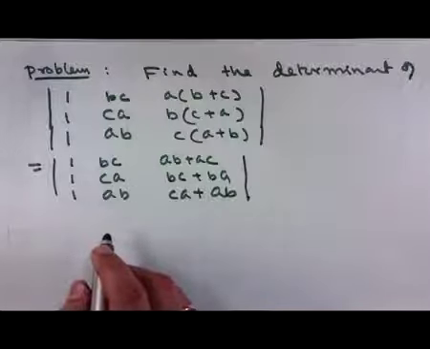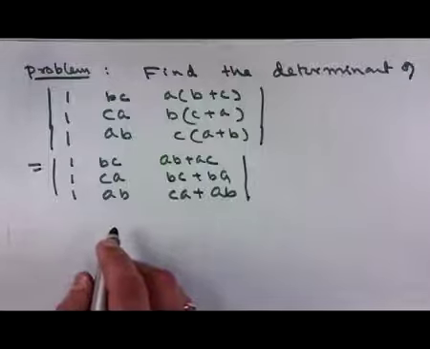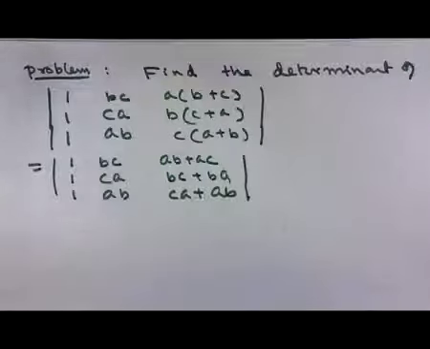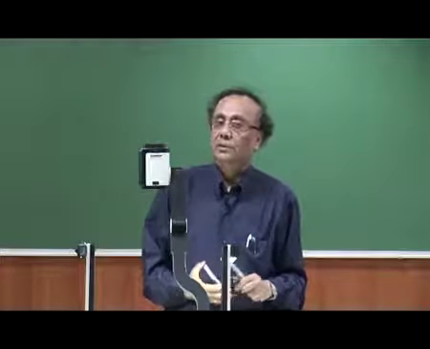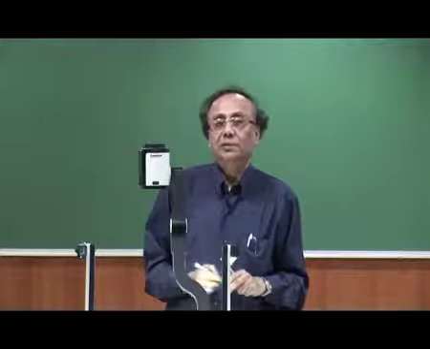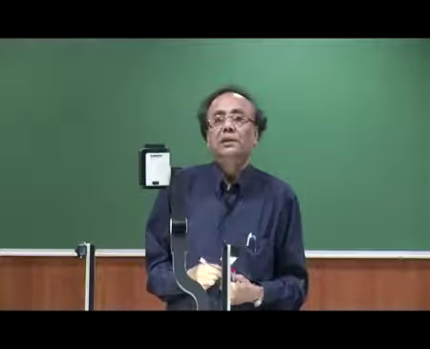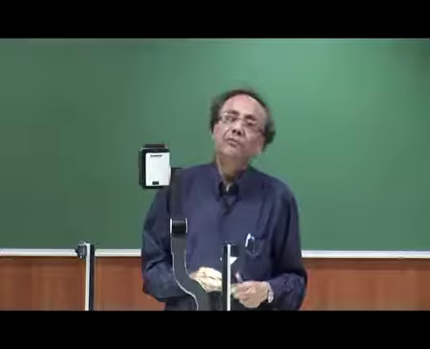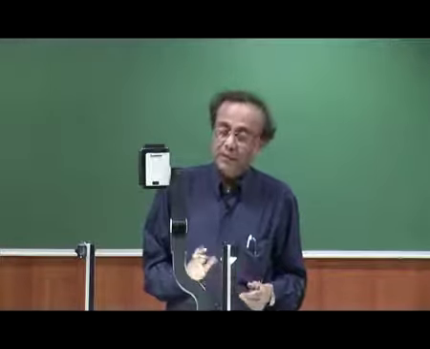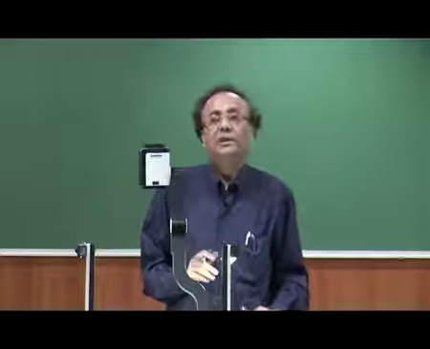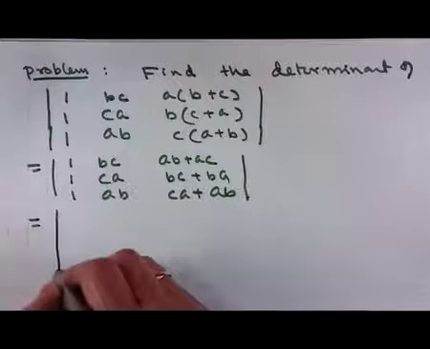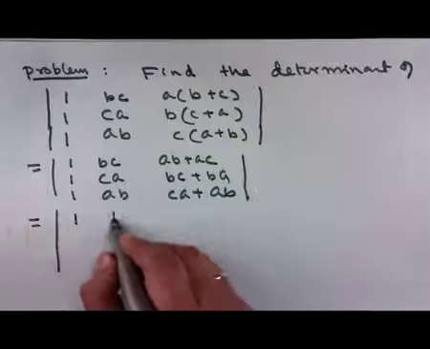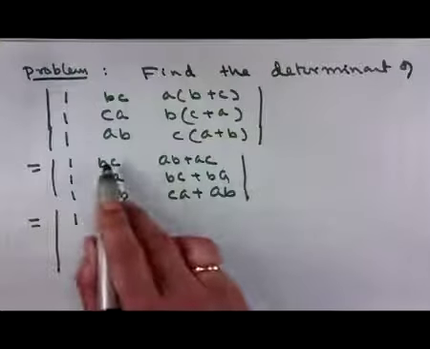Now, I have shown that if one row is replaced by the sum of that row and another row, then it does not alter the determinant. Since what we can say about rows, we can also say about columns. In a similar way, if one particular column is replaced by the sum of that column and another column, then it does not change the determinant. Now, I am adding column 2 to column 3.